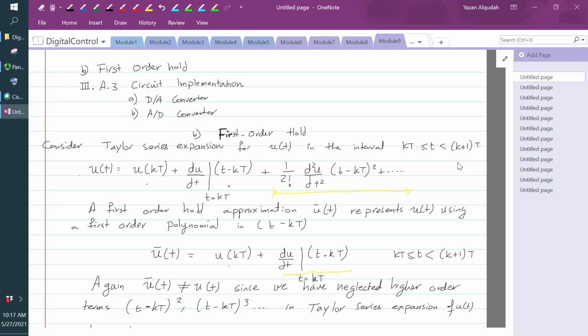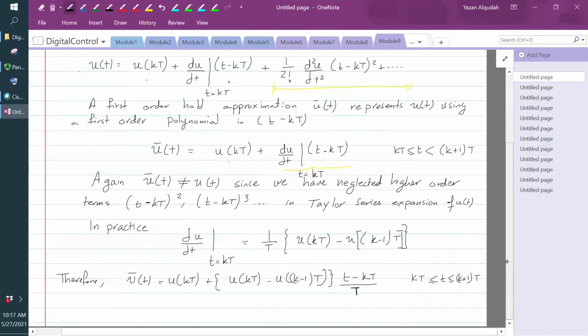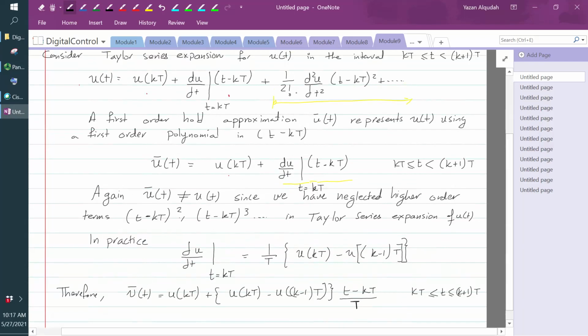In the first order hold, we're going to include a new term. We're going to include the du by dt multiplied by t minus kT into the estimation of u of t. And therefore, for the first order hold, we're going to ignore the terms starting with the second derivative. However, we're going to keep the first derivative in the estimation of u of t.